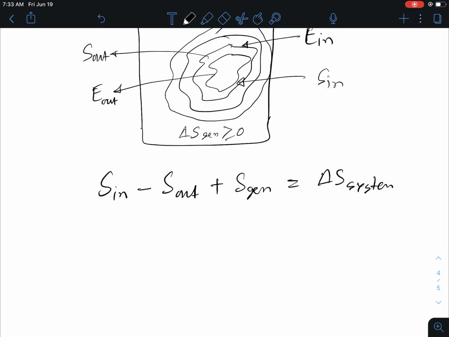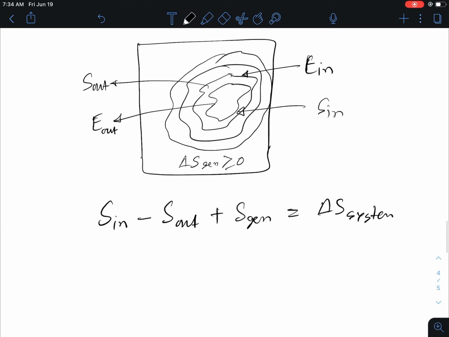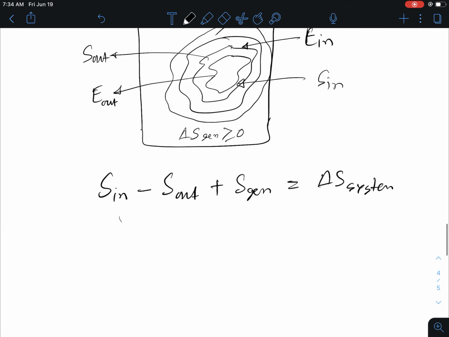From this equation, we can see that the entropy change of a system equals the incoming entropy plus generation minus the entropy out of that system. If we know this relationship, we can plug in the incoming, generation and outgoing, and determine the total change of entropy of that system.